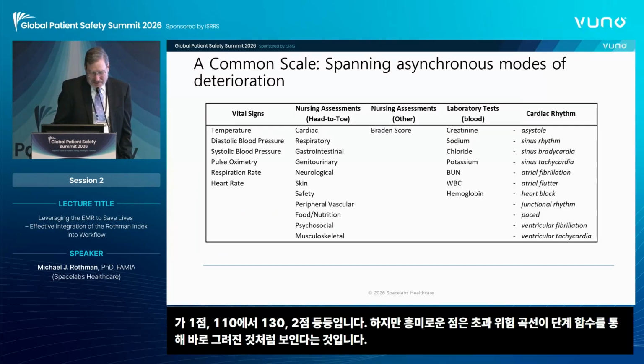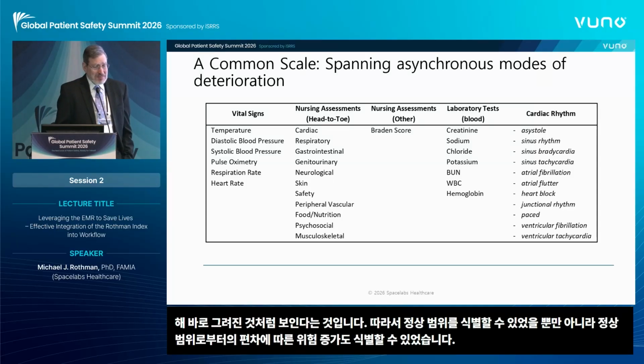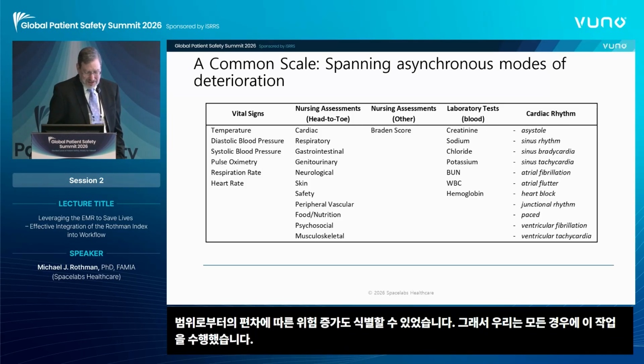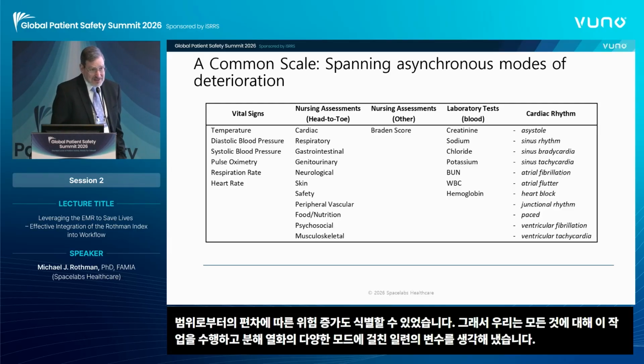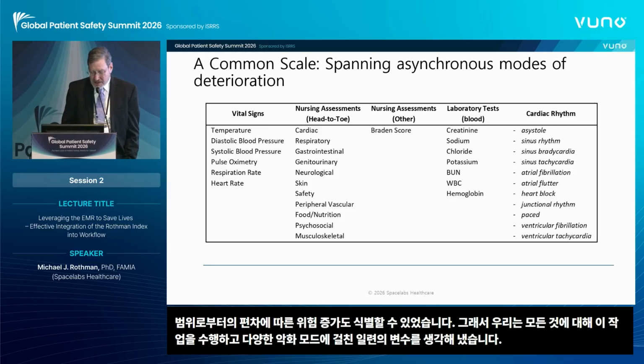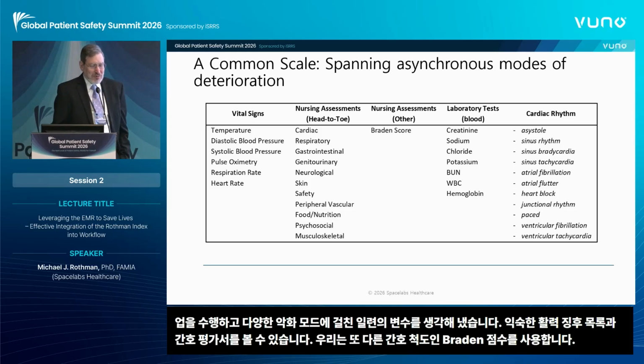So we did this for everything and came up with a set of variables that spanned the different modes of deterioration. You'll see a list of vital signs that are familiar. The nursing assessments, we used the Braden score, which is another nursing measure, various lab tests, and cardiac rhythm. And we calculated excess risk curves for each one.